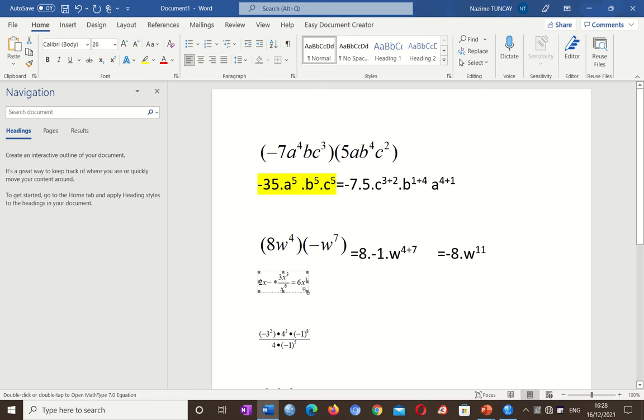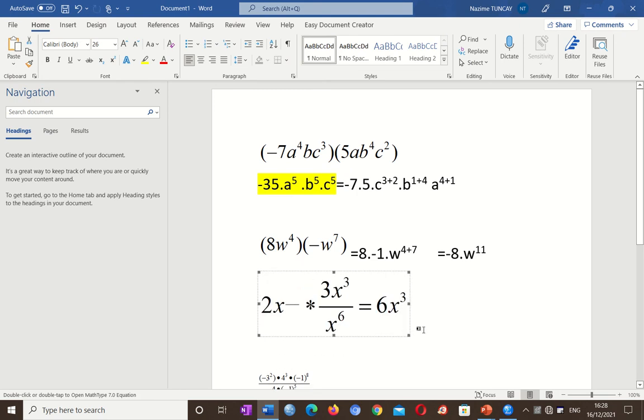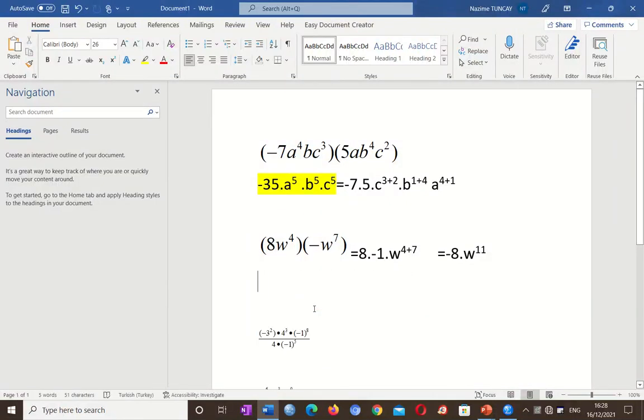Now this one. Let us solve these values here. This is a multiplication, by the way. This star is a multiplication.